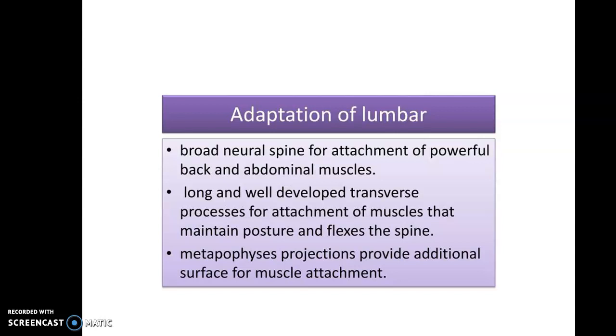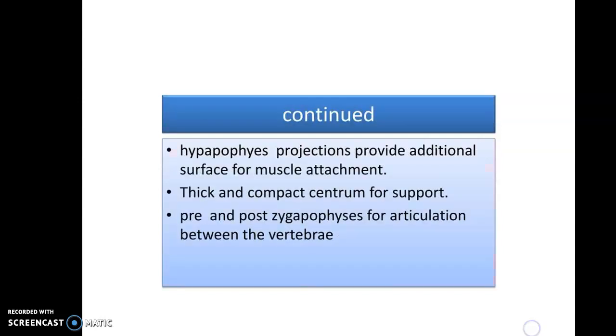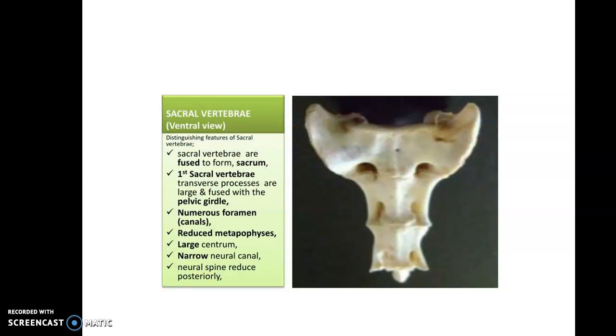The metapophysis and hypophysis projections provide additional surface for muscle attachment. The thick and compact centrum is for support, and the pre and post zygapophyses help in articulation with the adjacent vertebrae.